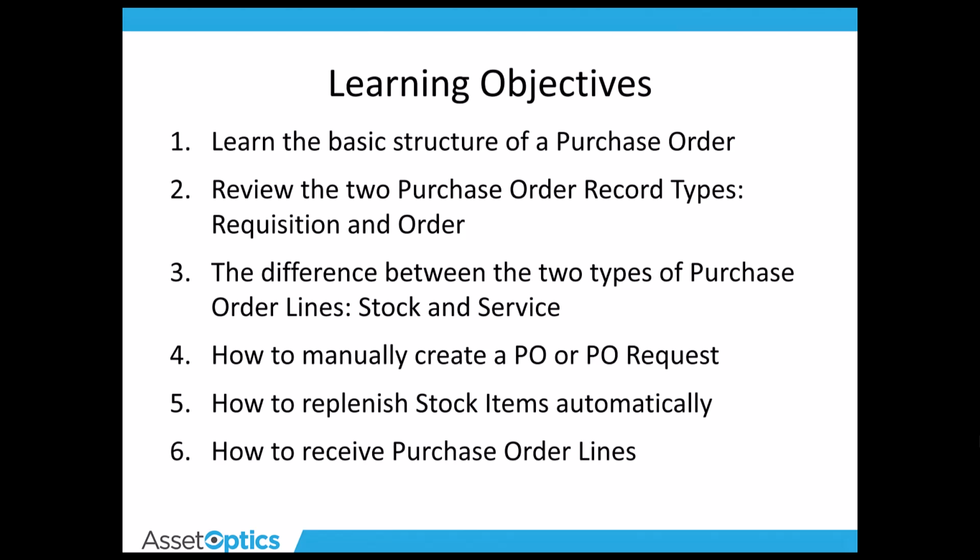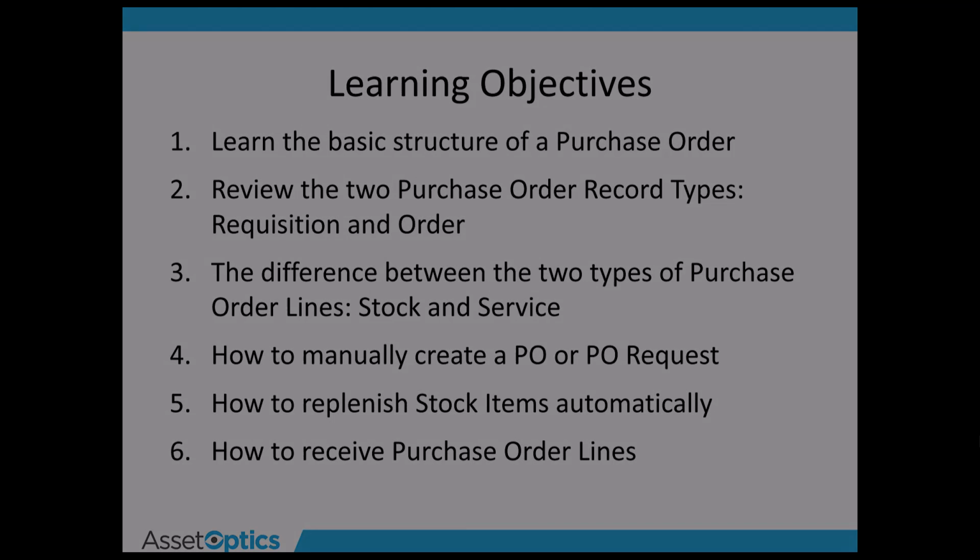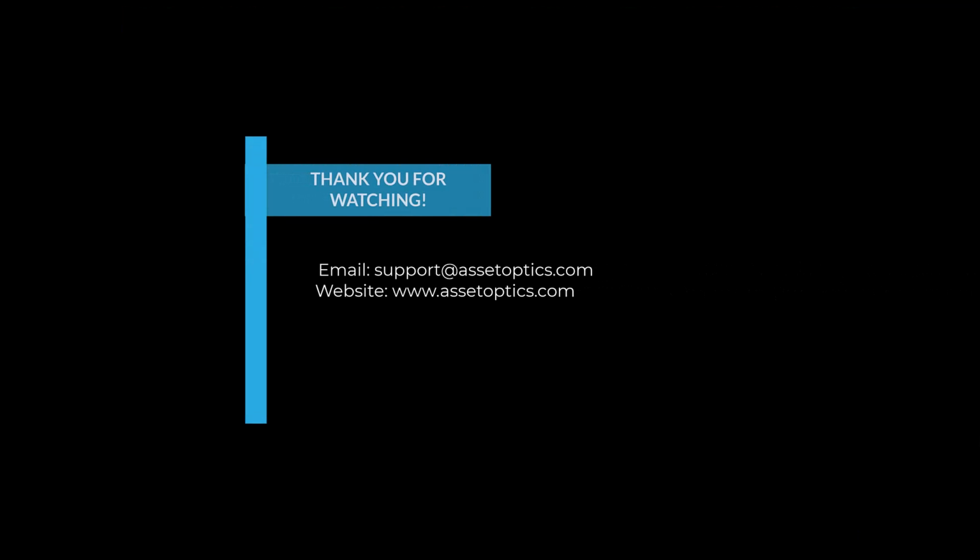We created a couple of purchase requisitions, and we saw a couple of different ways to do that, including from a list view. And we revisited stock item replenishment, which was covered in Lesson 4 on MRO inventory management. And finally, we looked at a couple of examples of how to receive PO lines, both stock lines and service lines. And in the case of stock lines, we also looked at how to receive serialized inventory. So with that, this concludes Lesson 5 on MRO purchasing.